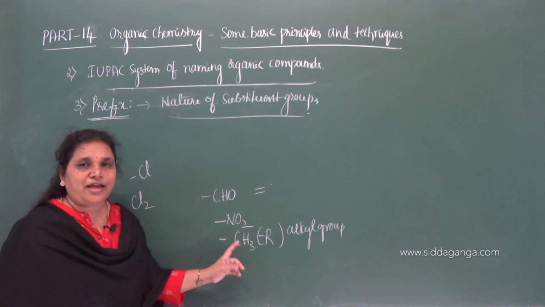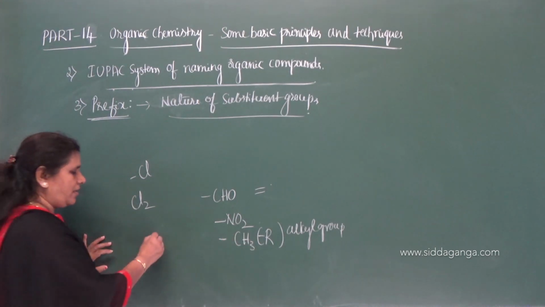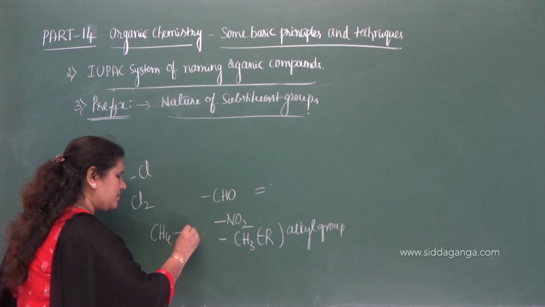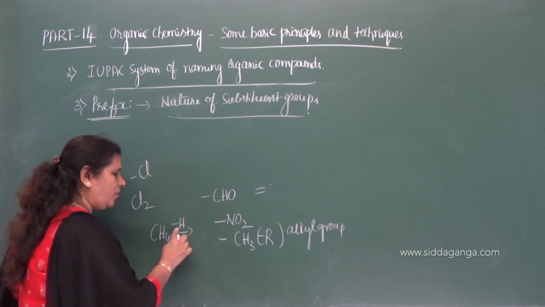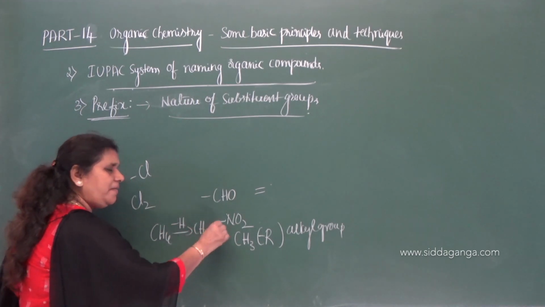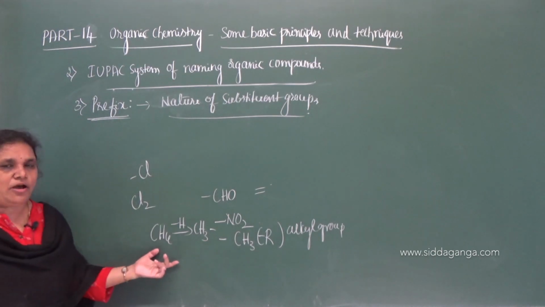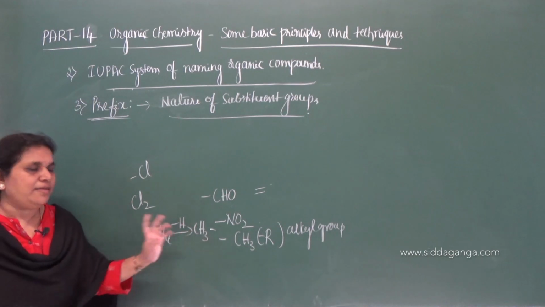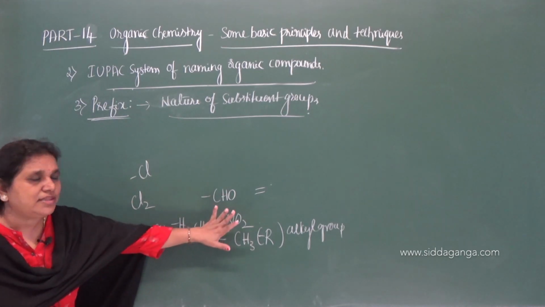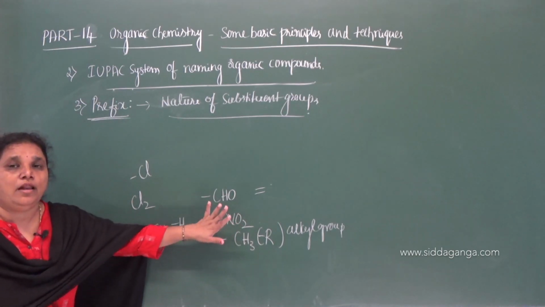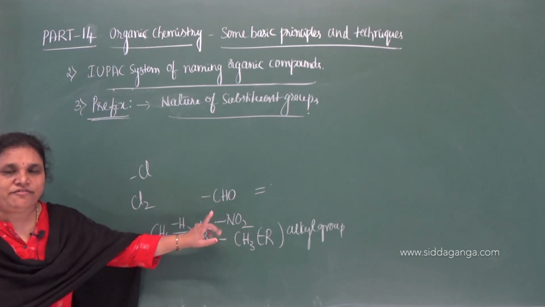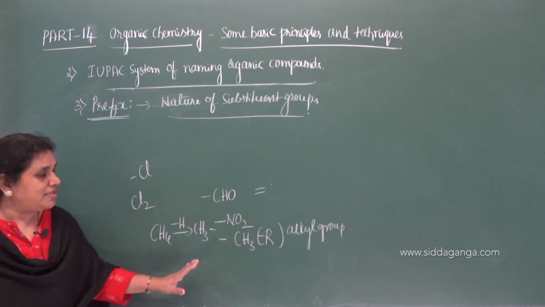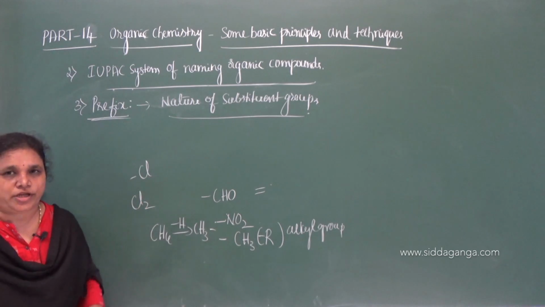How to get methyl group? As I said in the last class, methyl group is obtained by removing one hydrogen from the methane. Methane is a neutral molecule. By removing one hydrogen, we will get a methyl group. So, these are the groups which are obtained by a loss of one atom from the neutral molecules. Hence, such groups are called substituent groups.